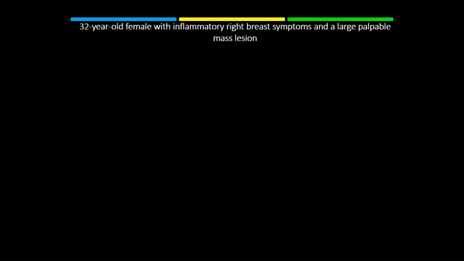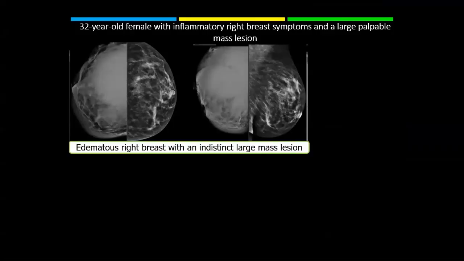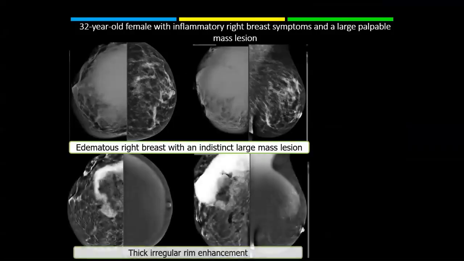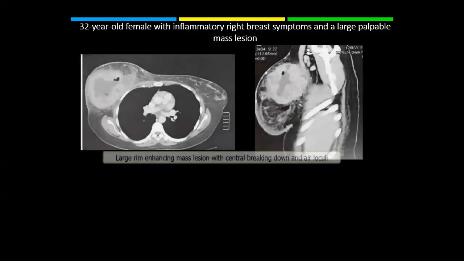This is another 32-year-old female with inflammatory right breast symptoms and a large palpable mass lesion. She had an edematous right breast with an indistinct large mass lesion. This was her contrast mammogram. It revealed an underlying thick, irregular rim-enhancing lesion, and a biopsy was taken together with aspiration cytology, and they both revealed that there was pus together with malignant cells within the lesion.